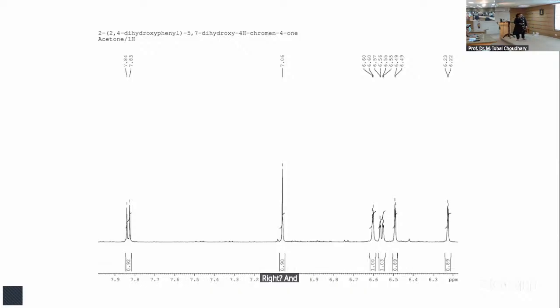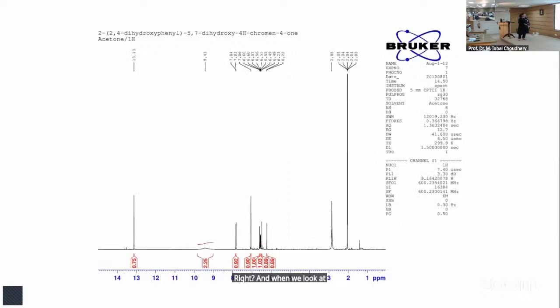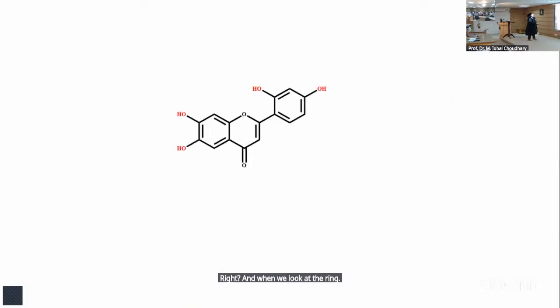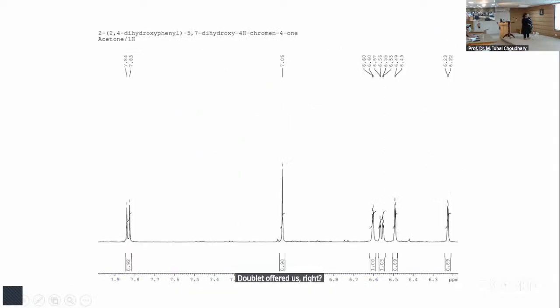And when we look at the ring, this proton was a doublet of a doublet only because of the splitting pattern. And here it is a singlet. And this one is quite a broad coupling, so it shows ortho coupling, right? It cannot be a meta coupling.